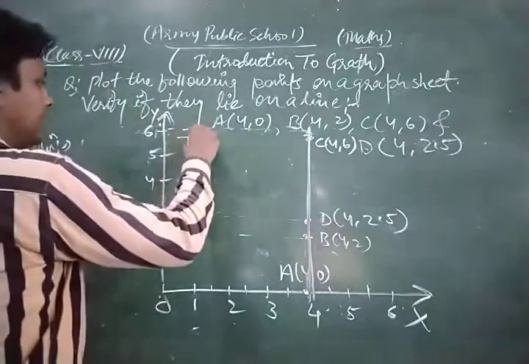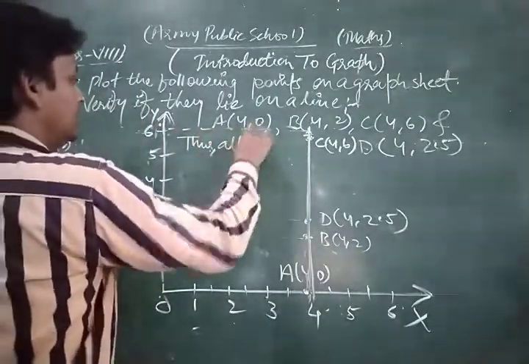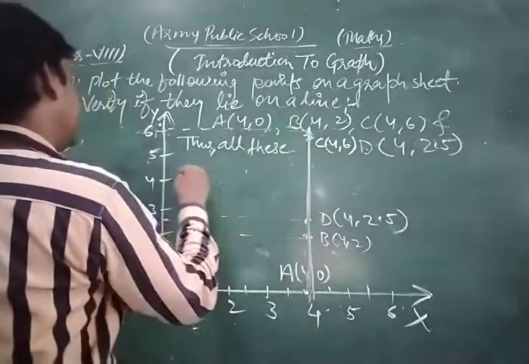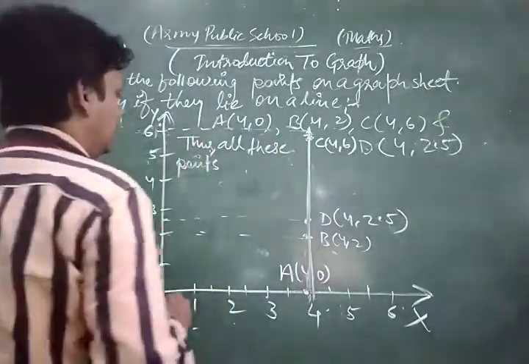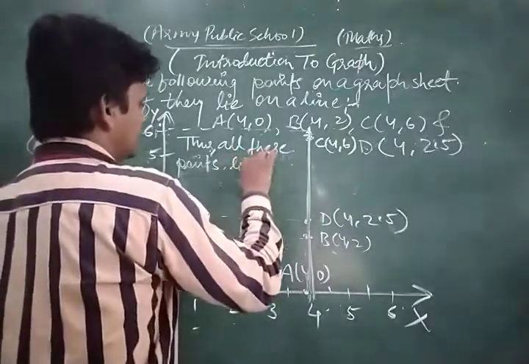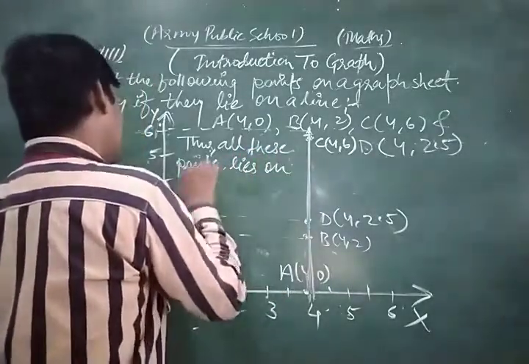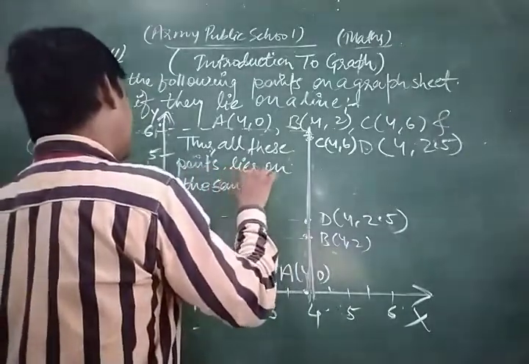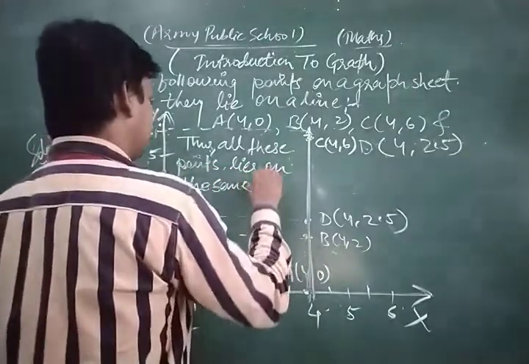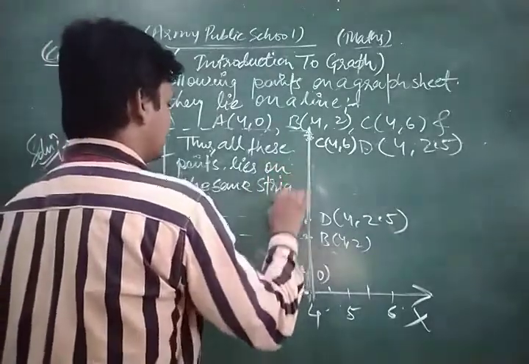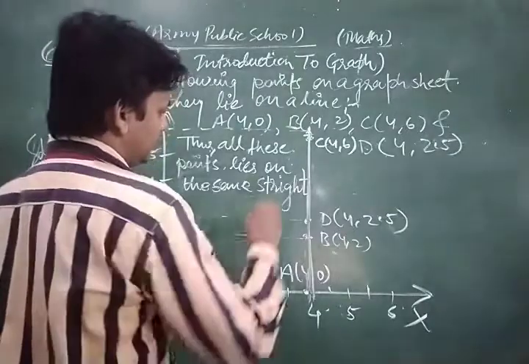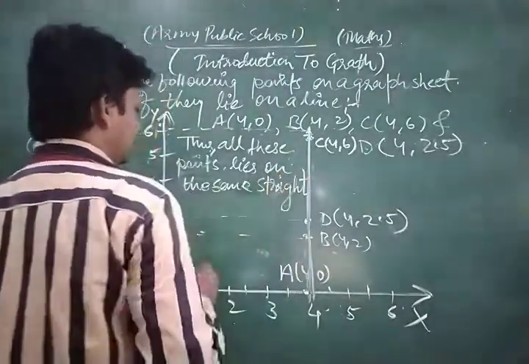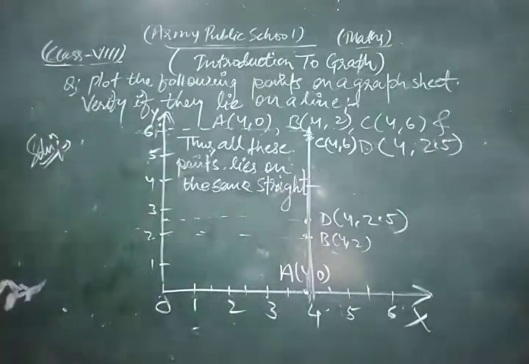Thus, we can write here: all these points lie on the same straight line.